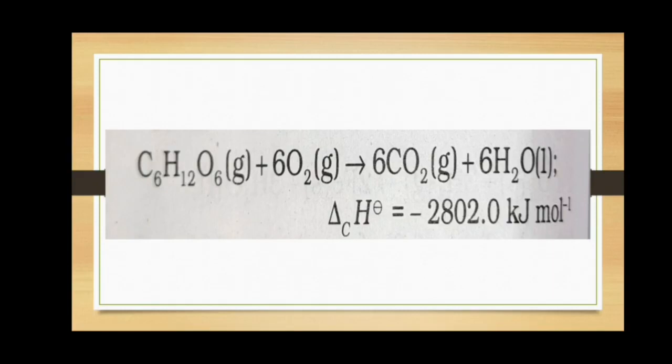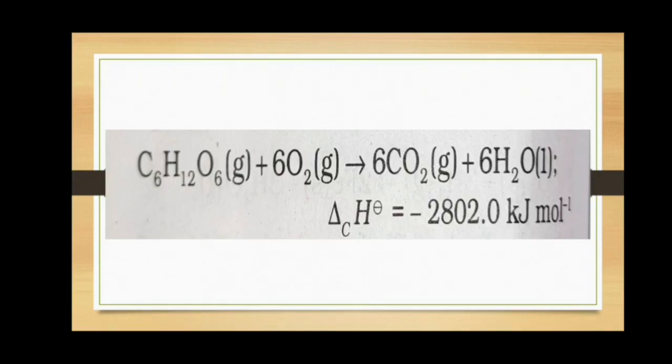So the combustion of glucose gives out 2802 kilojoules per mole of heat energy. The minus sign indicates that the reaction is exothermic. When the change in enthalpy is minus, it is exothermic; when it is plus, it is endothermic. All combustion reactions are exothermic because they give out heat energy. You can take many other examples also, for example, the combustion of 1 mole of butane.